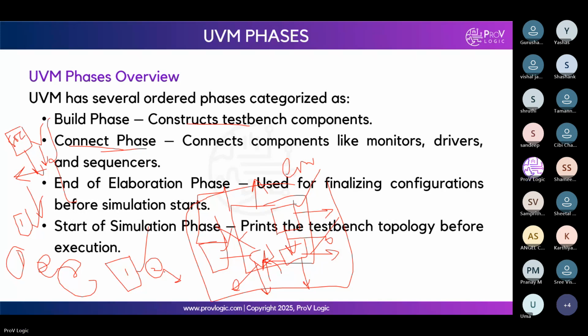So whatever final modifications we are making, we need to make in the end of elaboration phase. That means it changes in the runtime. Whenever the test is running, whatever modifications we do, it changes in the runtime, so those modifications will be reflected in the result also.